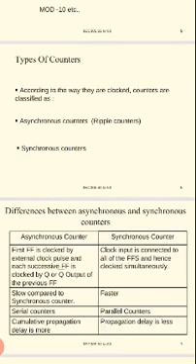In synchronous counter, the clock input is connected to all of the flip-flops and hence clocked simultaneously.